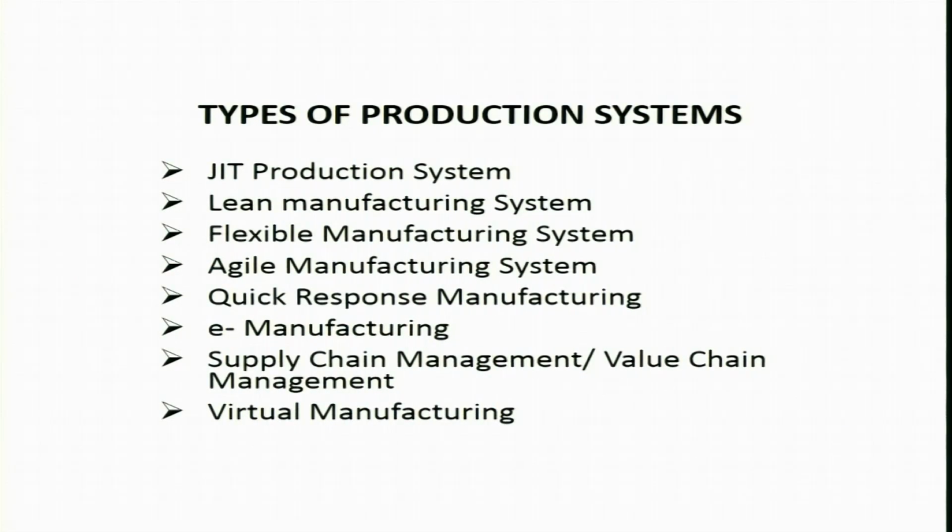There are modern types of production system nomenclature also. We will see the features of these systems in our coming slides. Other types of production system, as I said, JIT production system: the idea is to develop a system which is flexible as well as productive, because our objective is quality, cost and delivery.